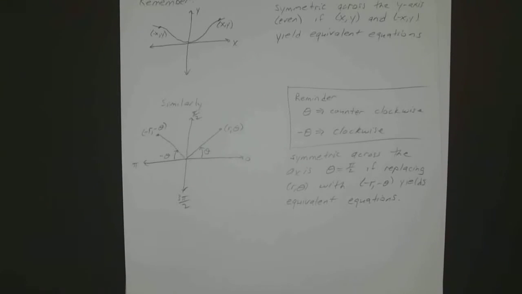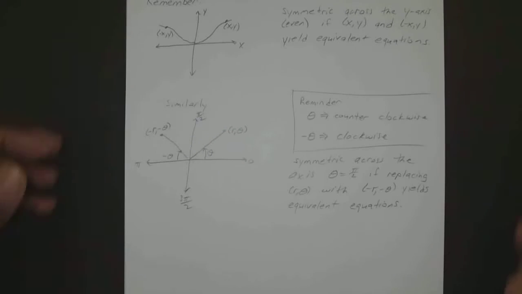So in other words, you replace every r with negative r and every theta with negative theta. If you get the exact same thing, then they're equivalent across the axis pi over 2.